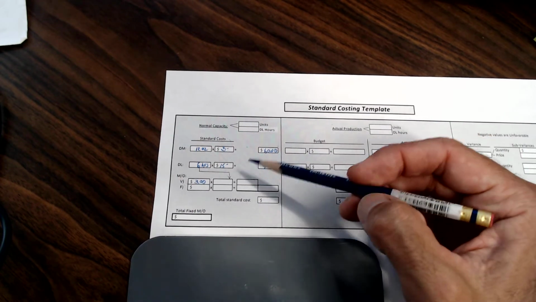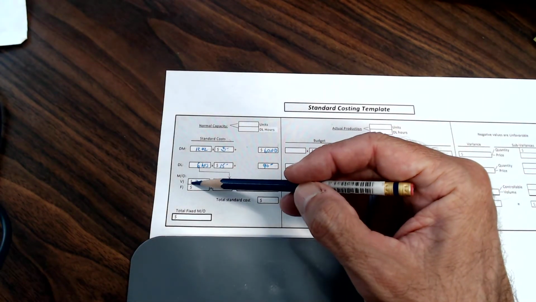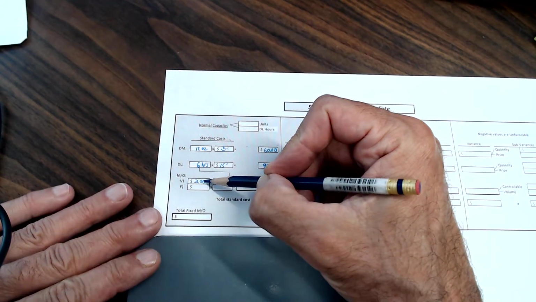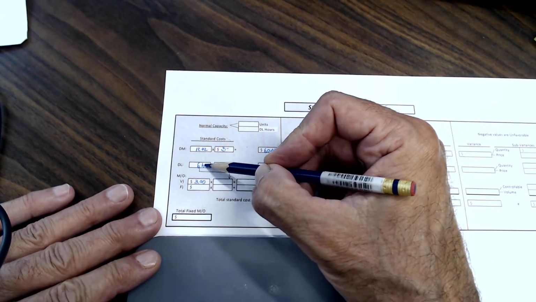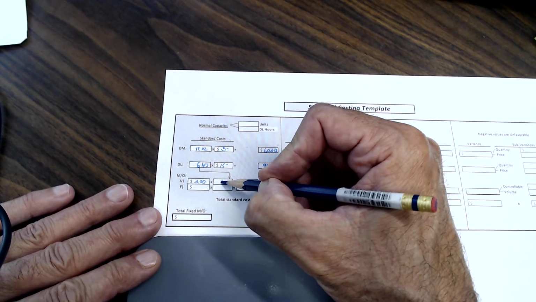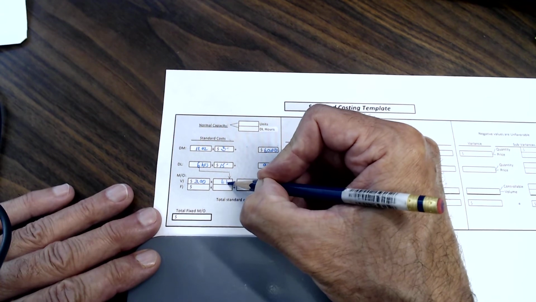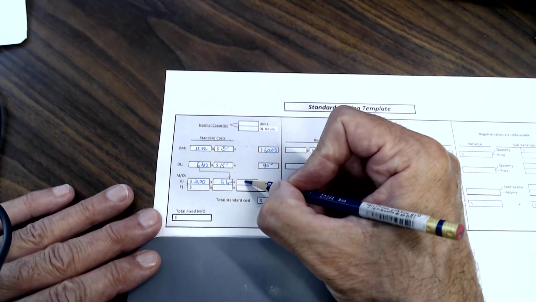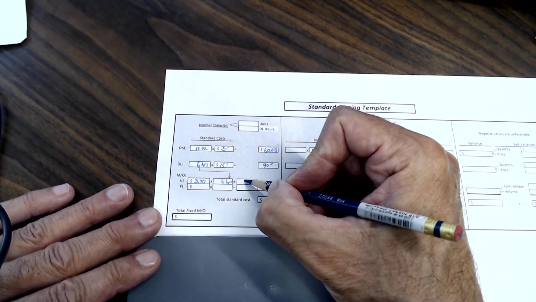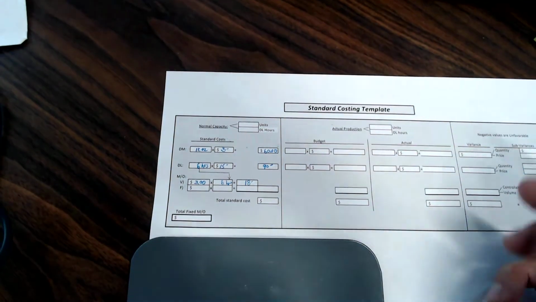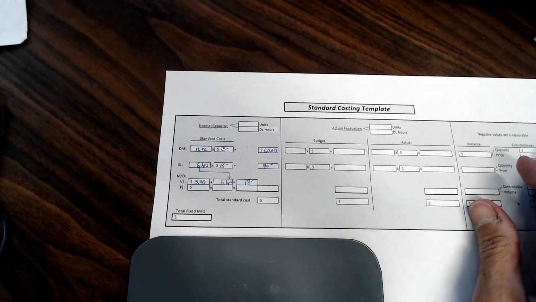So how much variable manufacturing overhead should there be in one unit of product? Well, if it's $3 per hour and each unit takes 6 hours, every unit then should have $18 of variable overhead in it. We should incur $18 of variable overhead.